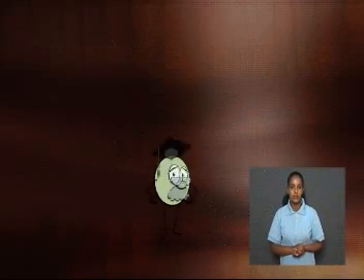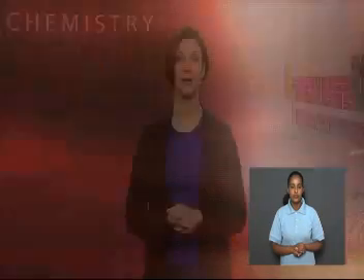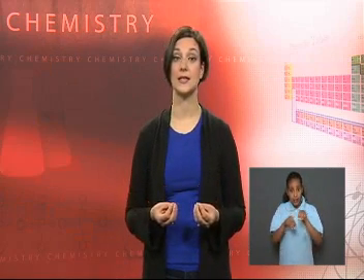Time's up. Let's get back to our lesson. Welcome back, students. The law of mass action expresses the relative concentration of reactants and products at equilibrium in terms of an equilibrium constant.